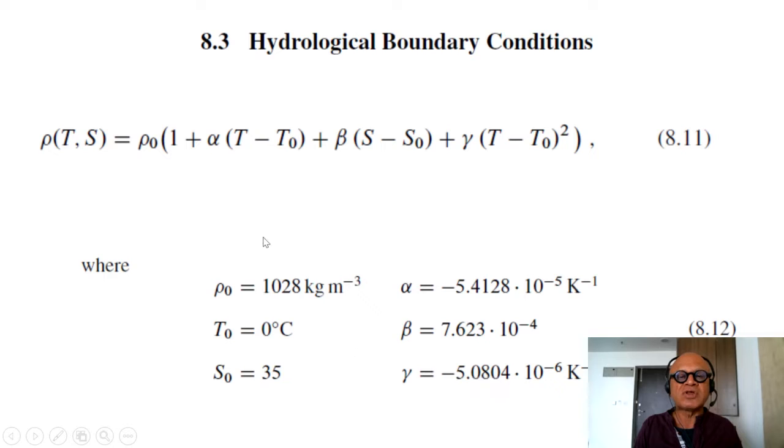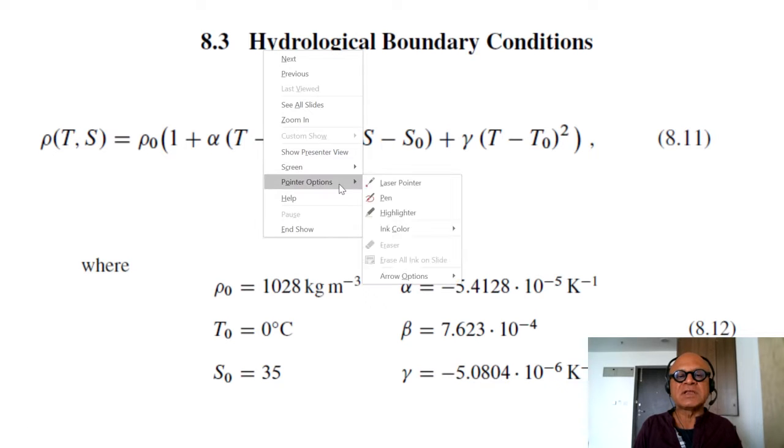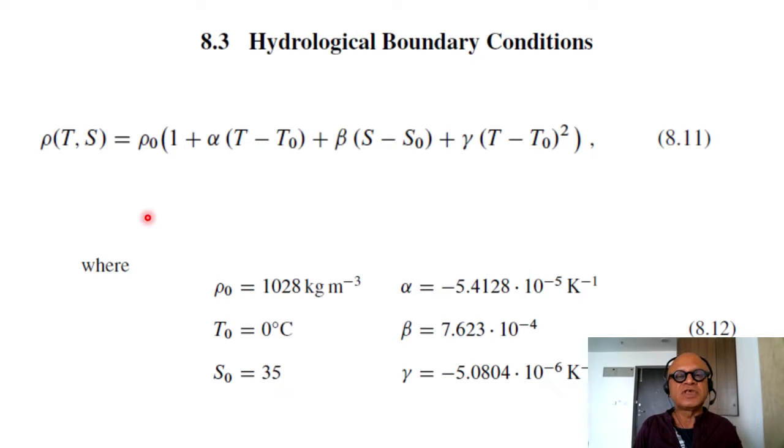So hydrological boundary conditions get complicated basically because of these two things, that salinity is left behind and salinity change does not directly produce an atmospheric response, unlike the temperature change, which does, right?